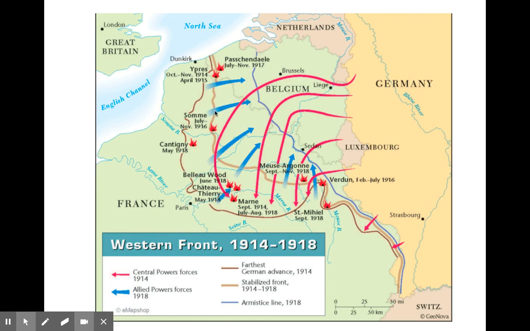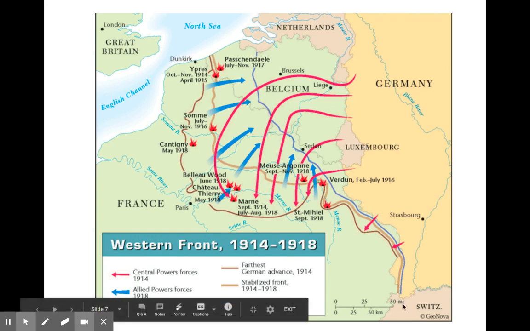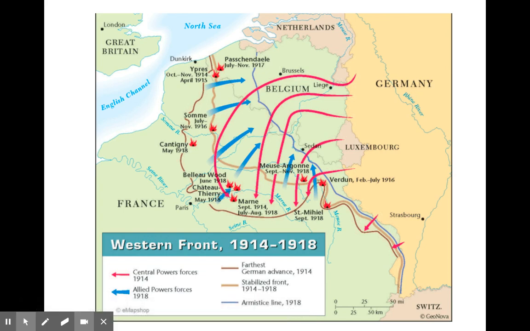The idea is that I'm going to try to loop around, get behind my enemy and encircle them. Well, both sides are doing that. They're trying to get around and get behind, outflank, outflank, outflank, and they end up doing that to the point where they reach the sea and the mountains of Switzerland, the Swiss Alps. So they can't go any further in this attempt to outflank.